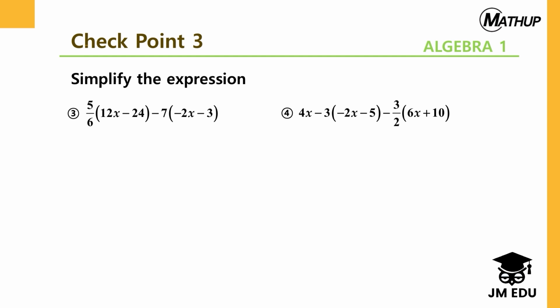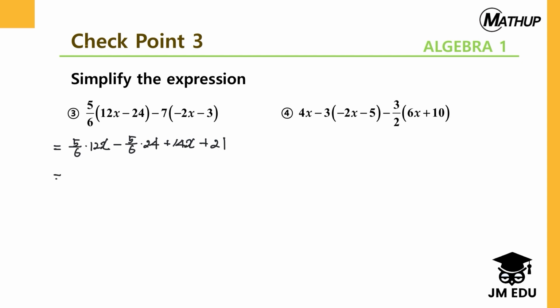Number 3, we have a parenthesis again. So we're going to solve the parenthesis first. Number 3 is equal to 5 over 6 times 12x minus 5 over 6 times 24. Minus times a minus, plus 14x minus 7 times the minus 3, that's plus 21.